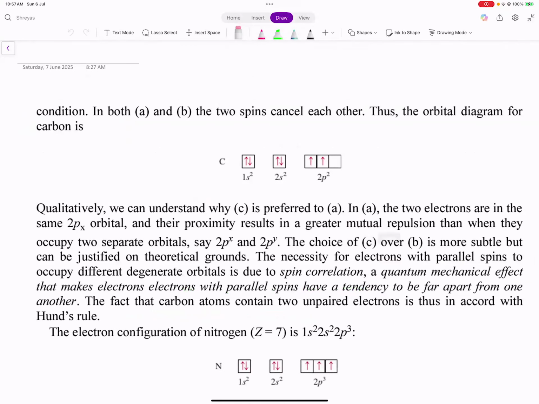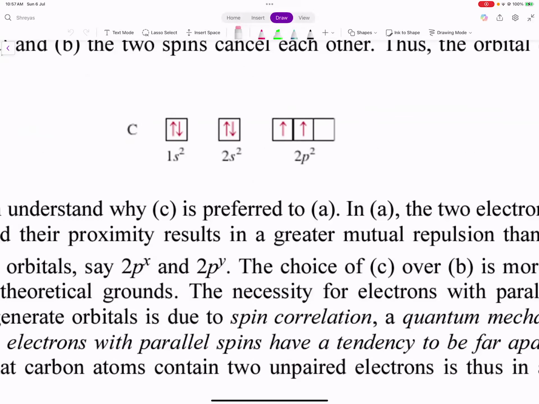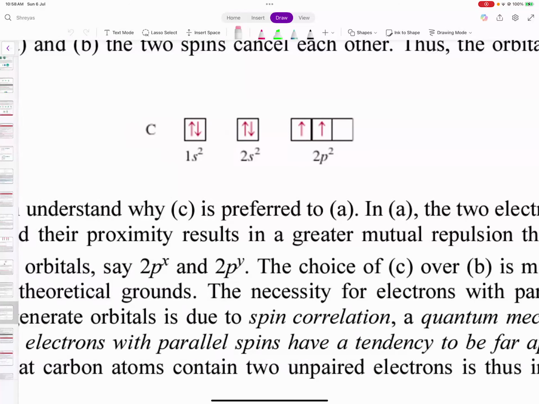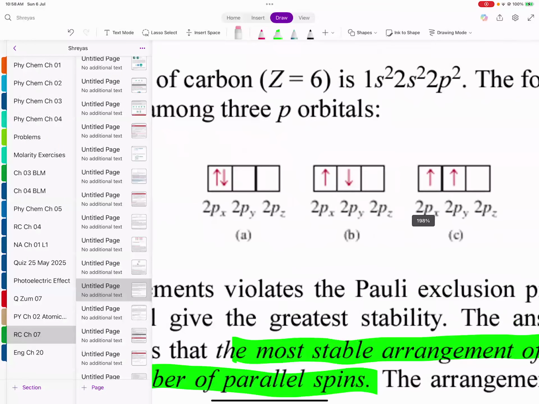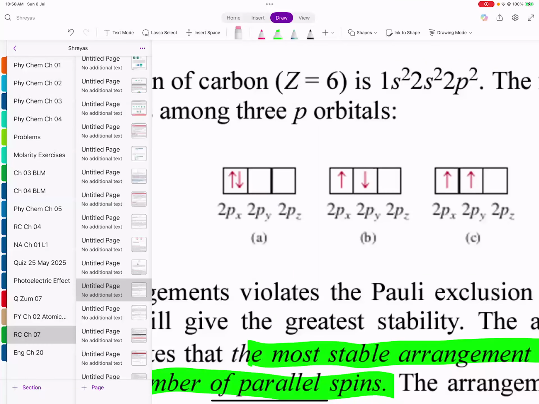So for carbon, we'll write it like this. Sir, how do you determine which one has a parallel spin? In the first one, one is up, one is down.